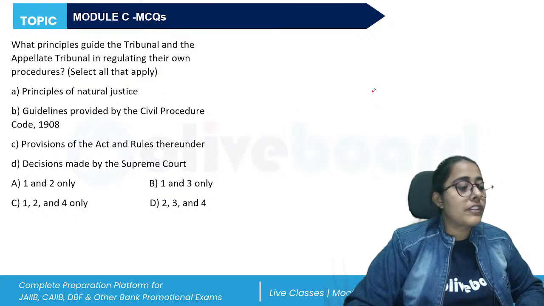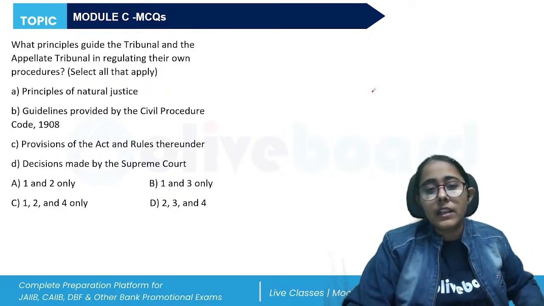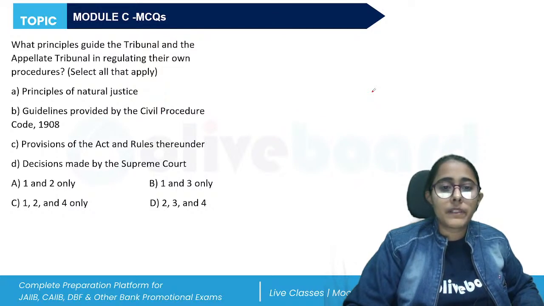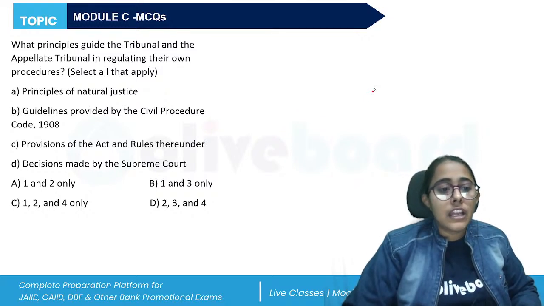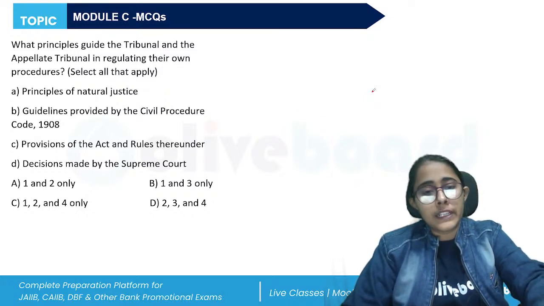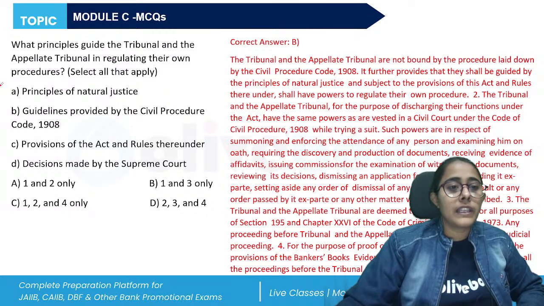Which of these guiding principles will be kept in mind when they are performing their duties? Options: 1 and 2, 1 and 3, 1, 2 and 4, or 2, 3 and 4. The correct answer is option B, that is 1 and 3 only.